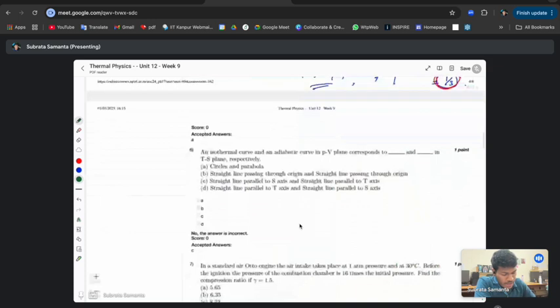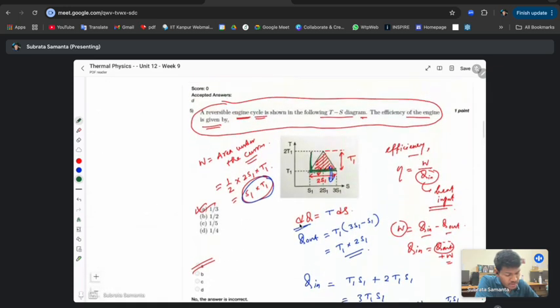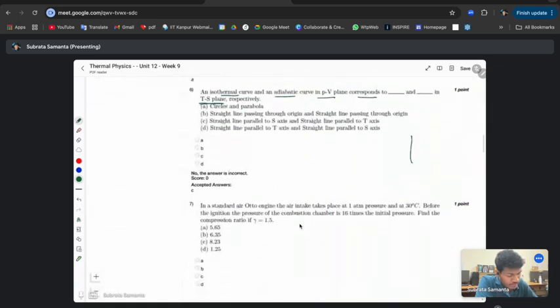An isotherm curve and an adiabatic curve in the PV plane correspond to the TS plane exactly. The isotherm curve is very simple. In the TS plane, let's say this is S and this one is T in the vertical axis.